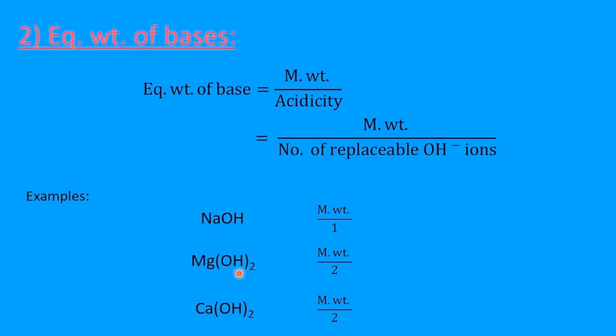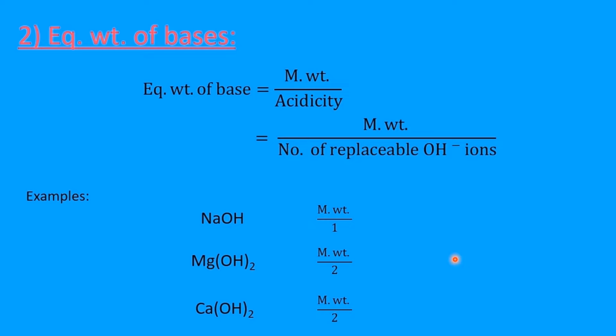In the place of OH, how many chlorines will come? 2 chlorines will come, and MgCl2 is formed. So the replaceable group is OH, 2 OH, so it is diacidic. Next, calcium hydroxide. Imagine the salt with HCl: CaCl2. So 2 hydroxyls are replaceable, so 2. This is a simple method for getting the equivalent weight of bases.